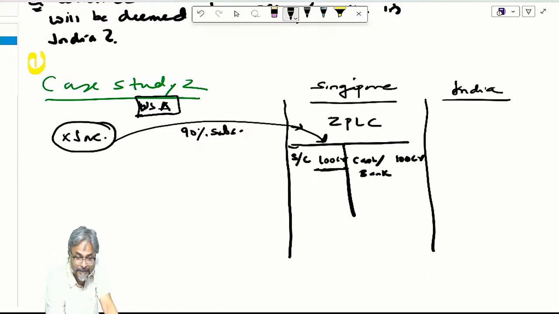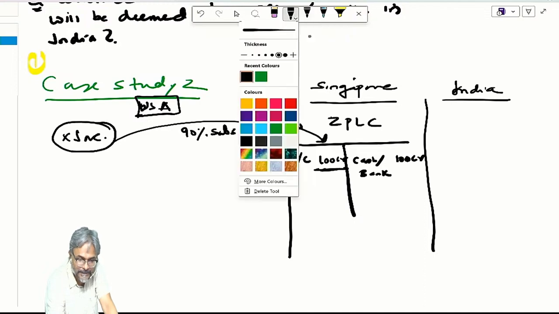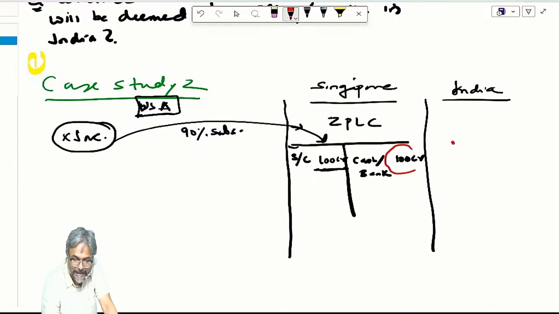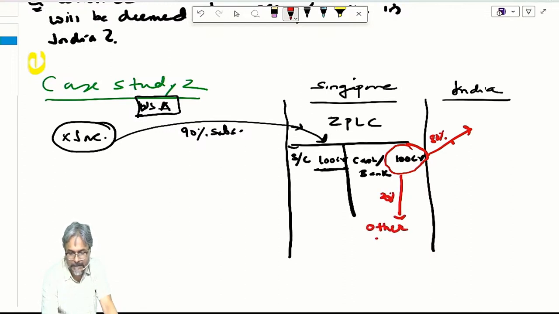Now what does he do? Be careful, now the real game begins. Here, 80% of this went to India and 20% is going to other foreign assets.